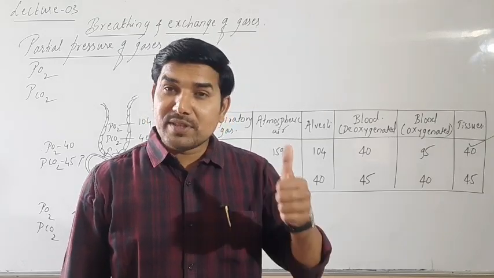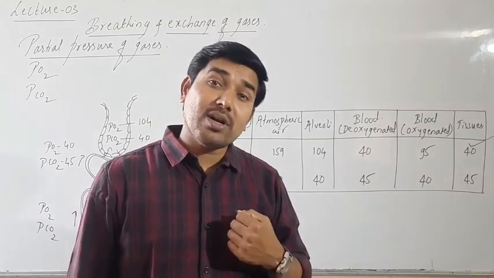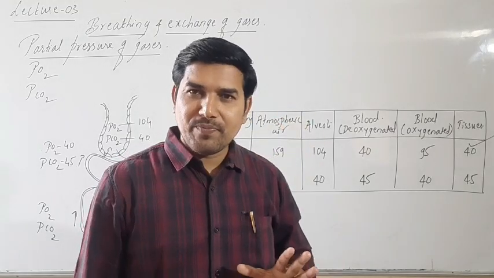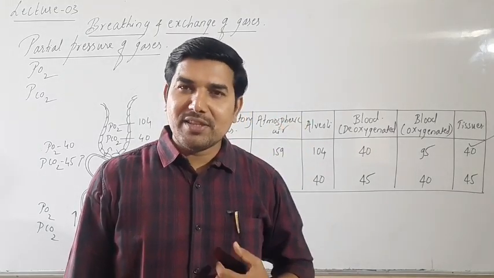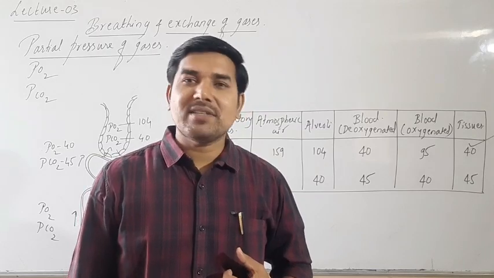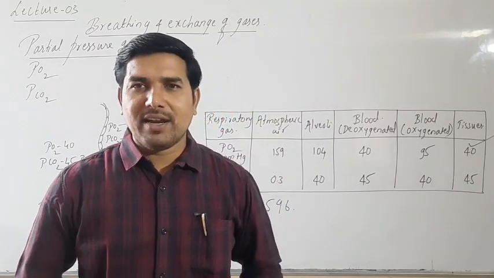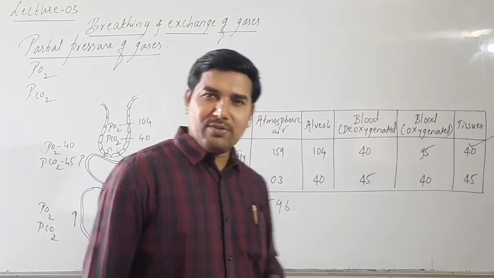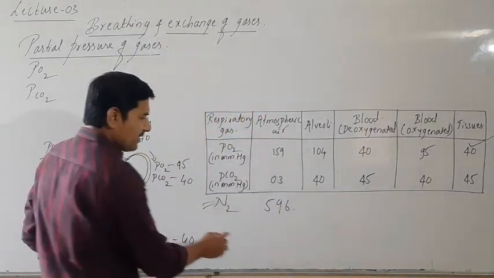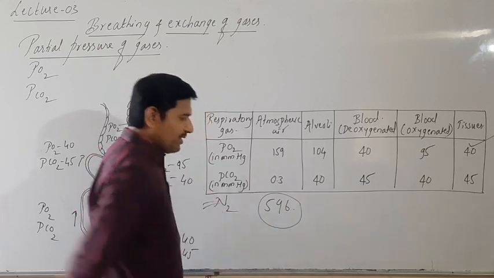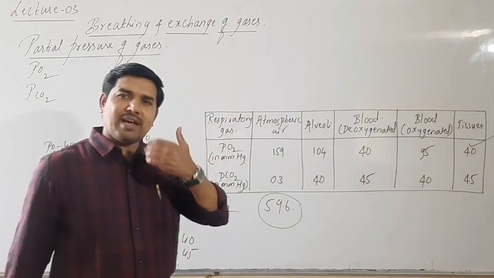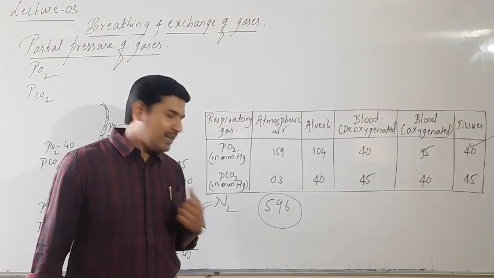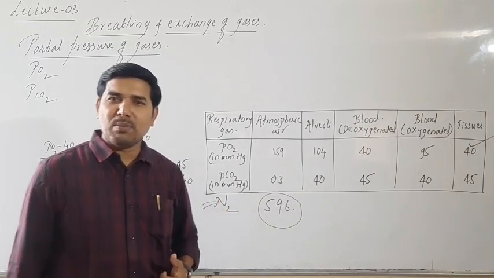If we inhale pure nitrogen, it is quite dangerous because it may damage the tissues and the oxygen binding capacity of the blood or hemoglobin. So this is one additional point: the nitrogen that enters along with oxygen and carbon dioxide in our lungs is around 596 mm of Hg.